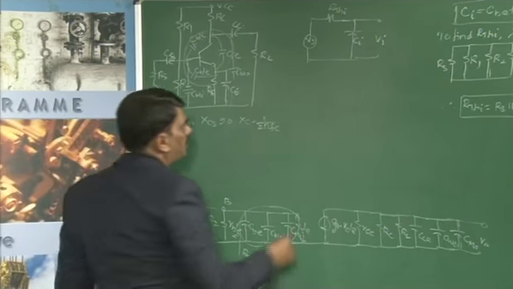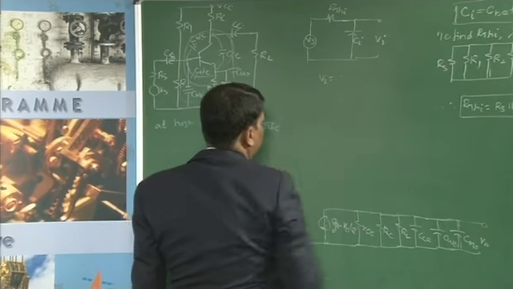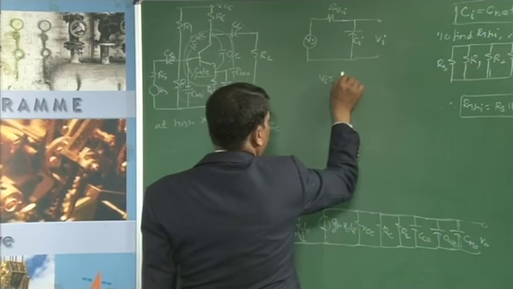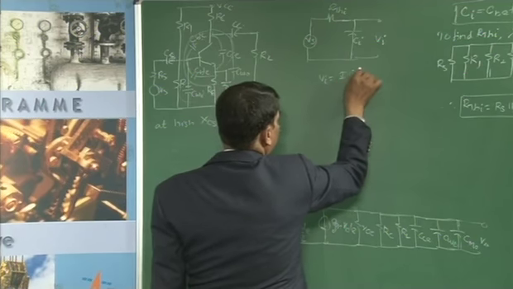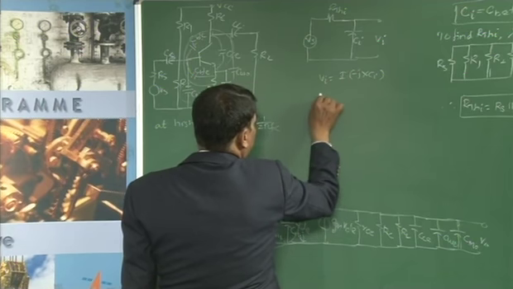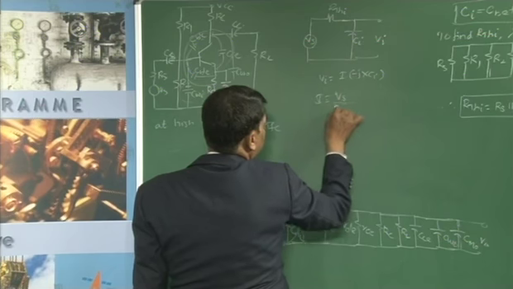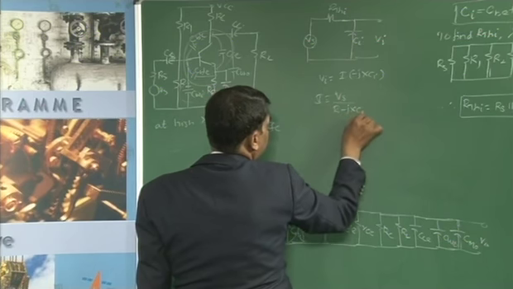To determine Vi, Vi is equal to I into minus jXci. Therefore, that I is equal to the voltage Vs divided by the total impedance R minus jXci.